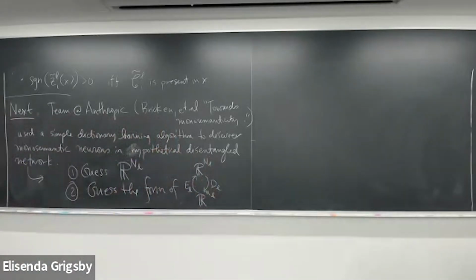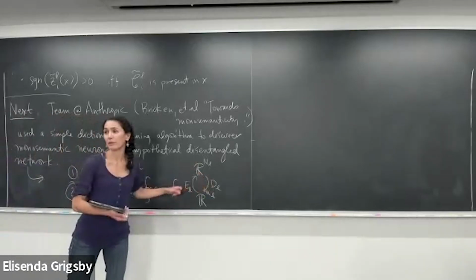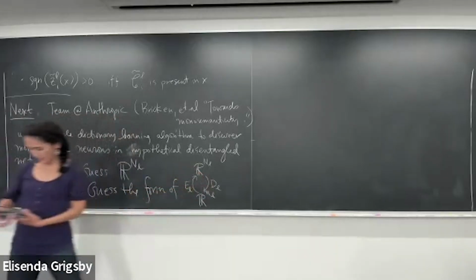They used a pretty simple algorithm to learn those. They just chose some random high dimension, basically, and then they guessed the forms of these maps, and then they trained essentially another little ReLU network in order to learn the parameters for these maps.